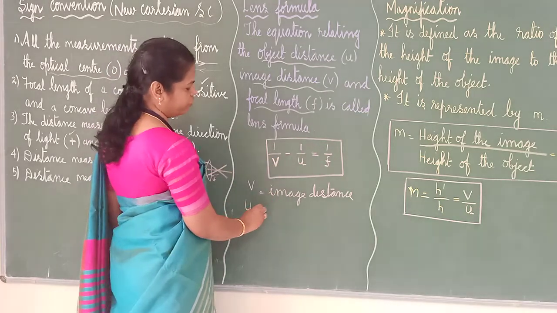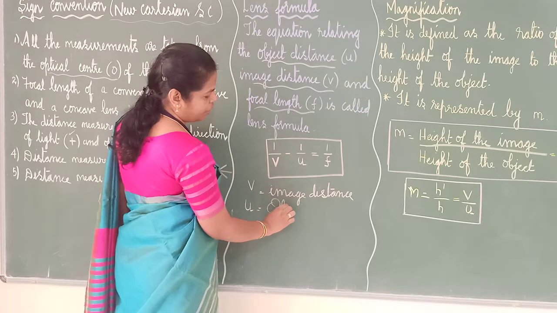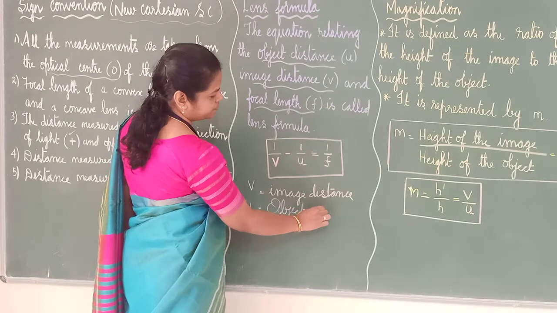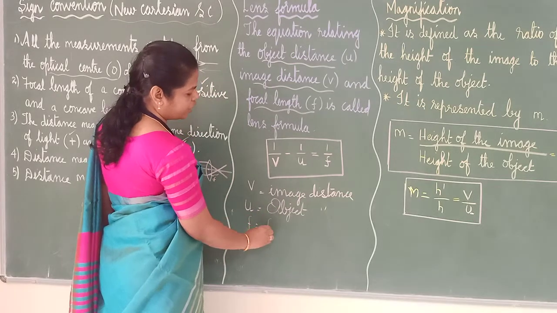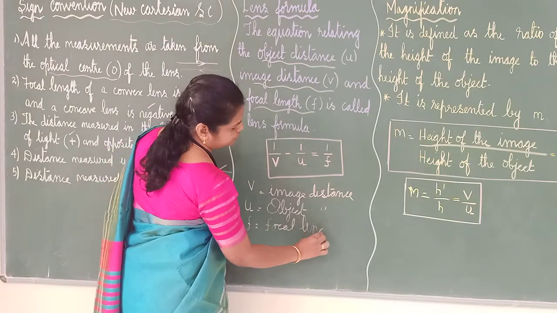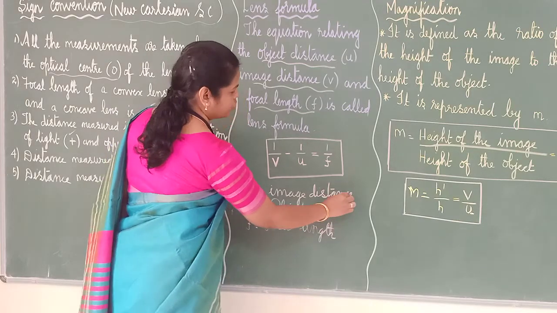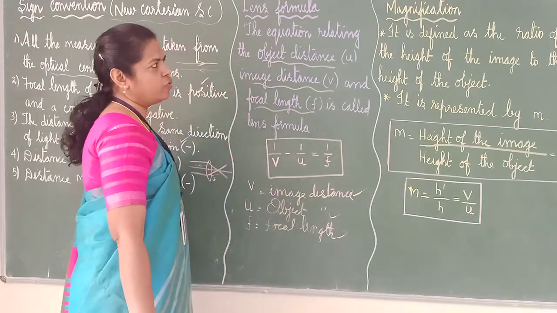So you should be very careful. V is equal to image distance, U is equal to object distance, and F is equal to focal length. These three things are very important: object distance, image distance, and focal length.